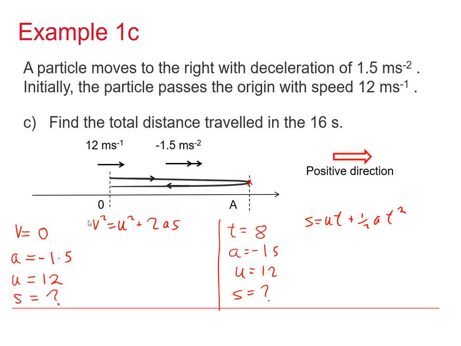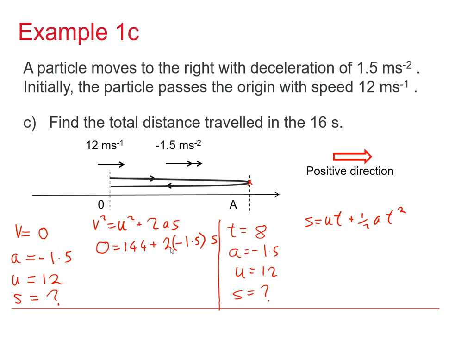Alright, so let's turn attention to this one firstly, see what happens here. So v squared, well that's nice because I know that that's 0, so 0 squared is 0 as well. u squared, so that's 144, plus 2 times minus 1.5 times this s that we're trying to find.